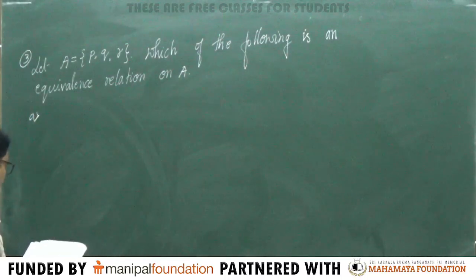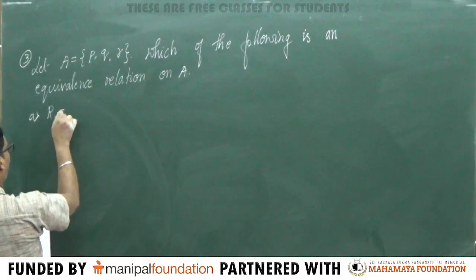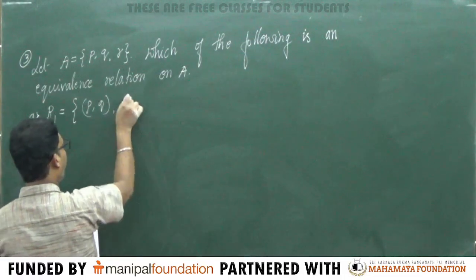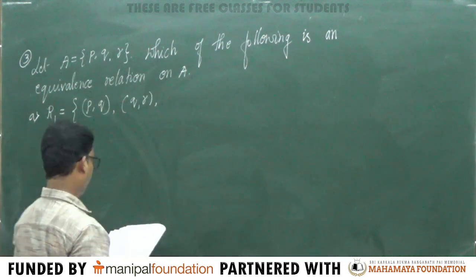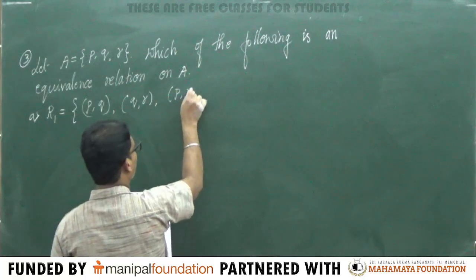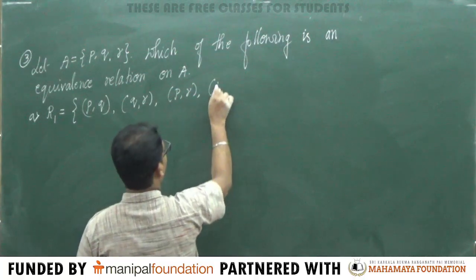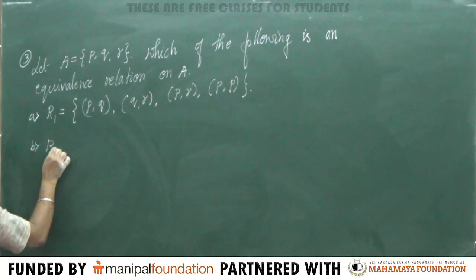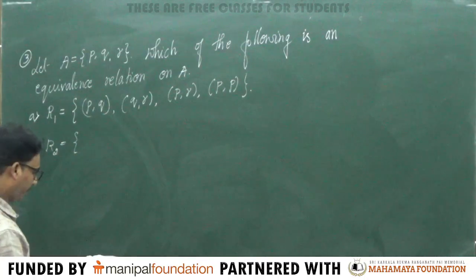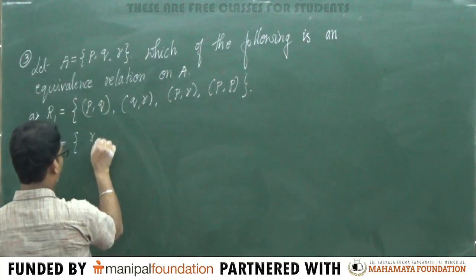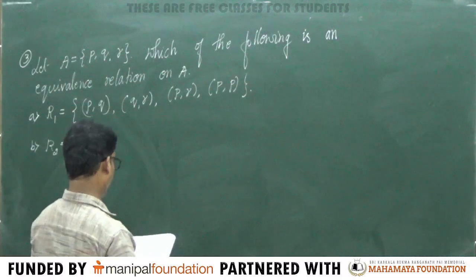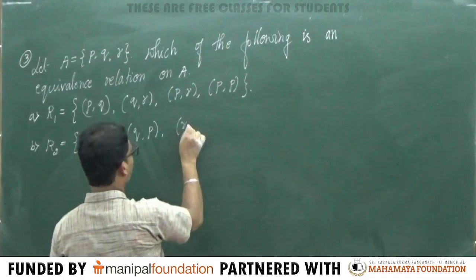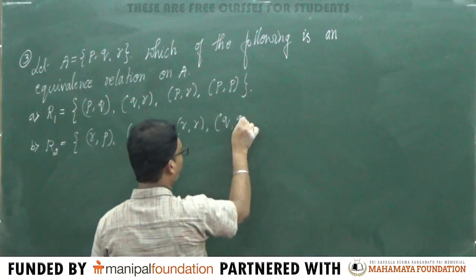Option A, the relation R1 is given by (P, Q), (Q, R), (P, R), (P, P). Option B, R2 is given by (R, P), (Q, P), (R, R), (Q, Q).